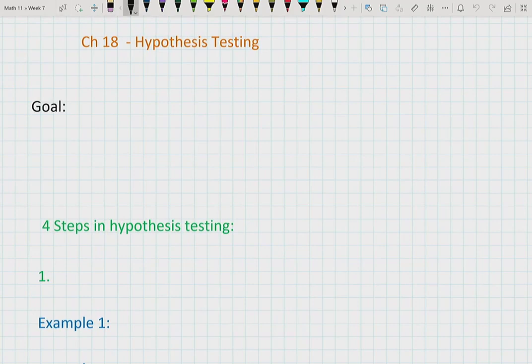So our goal today, here's the goal. We're going to collect data, as if from some sample. And we're going to have a hypothesis, and we're going to determine if the data either supports or detracts from that hypothesis.